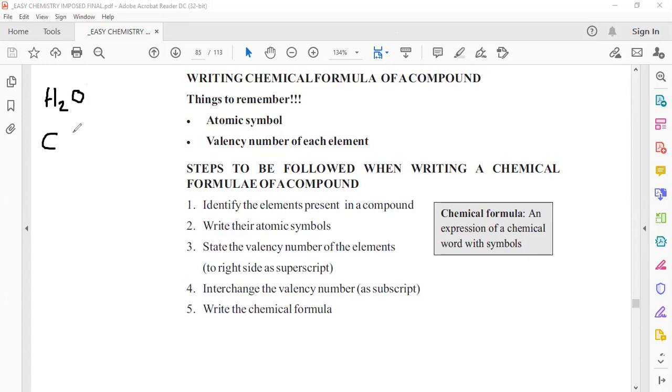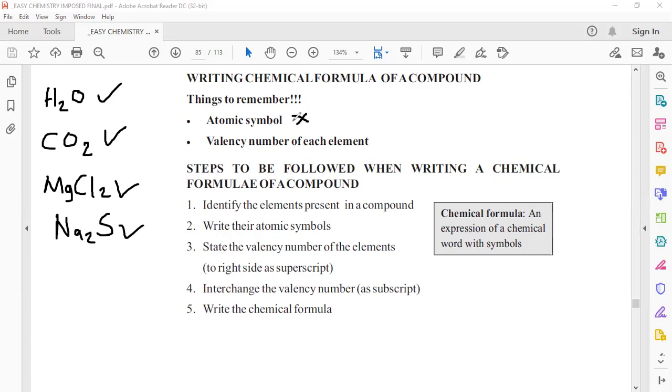Where is the CO2 coming from? Where is the magnesium chloride coming from? Where is the sodium sulfide coming from? We have all these questions about where these formulas come from. To write a chemical formula, always remember the atomic symbol.